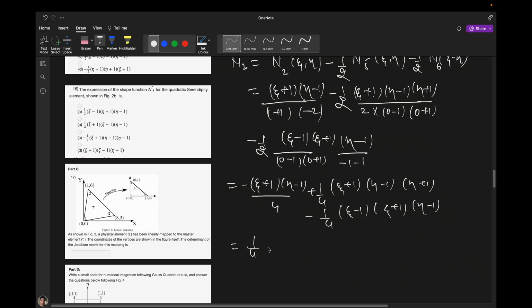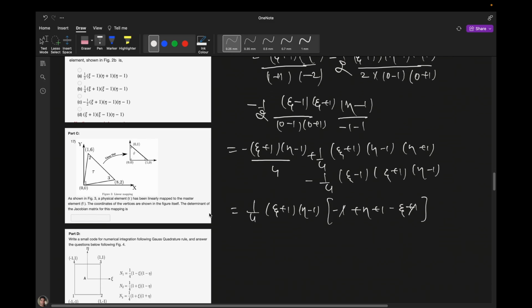And when we take a common with xi plus 1 eta minus 1, then we will get minus 1 plus eta plus 1 minus xi plus 1. So we can see that these two will be cancelled out, and if I take common of minus 1, then we will get xi minus eta minus 1.